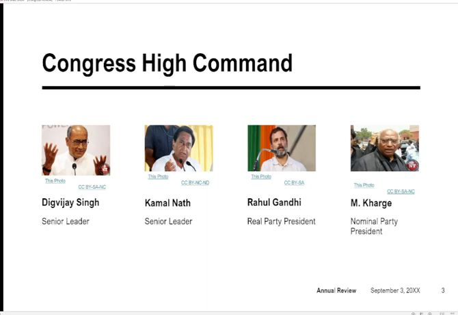Upon the freedom of India, Congress was the party which came to power, with its first Prime Minister being Jawaharlal Nehru. That Jawaharlal Nehru ruled India for a long time. After him, several other Congress leaders came, and up to now, Congress leader Rahul Gandhi also belongs to the family of the same Jawaharlal Nehru.